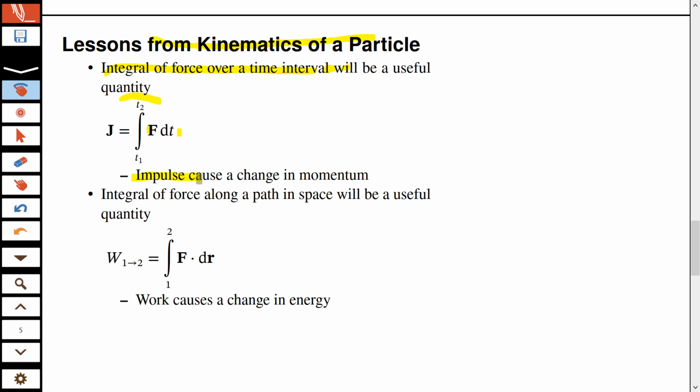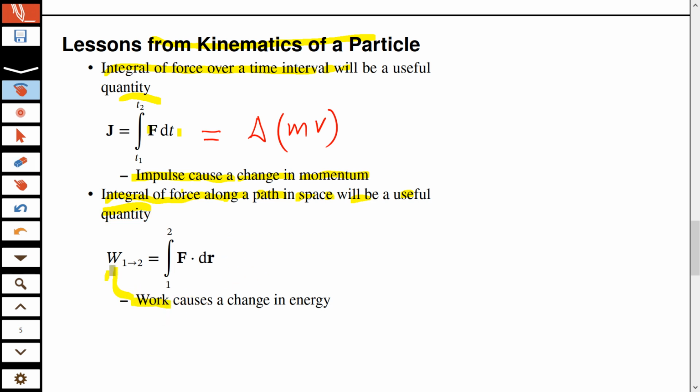Okay, impulse. And we also discovered that impulse causes a change in momentum. So if you apply impulse, this will give you a change in momentum. Similarly, this was integration over time. Similarly, we discovered from the third equation of motion that the force, when integrated along a path in space, gives you another more useful quantity, and that quantity we remember by the name work.